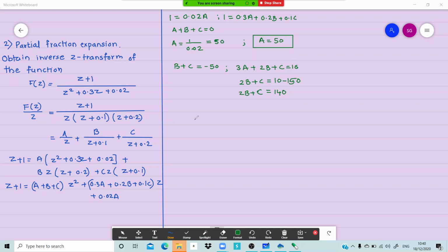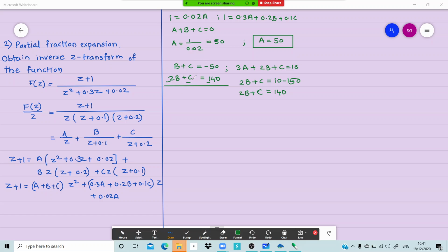So you will get the value for b as 40. See, b plus c is equal to minus 50, and 2b plus c is equal to 140. Can you grasp what I am writing? Okay, so when you do this subtraction, minus, right?